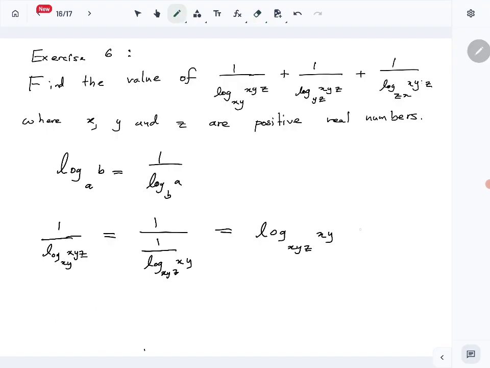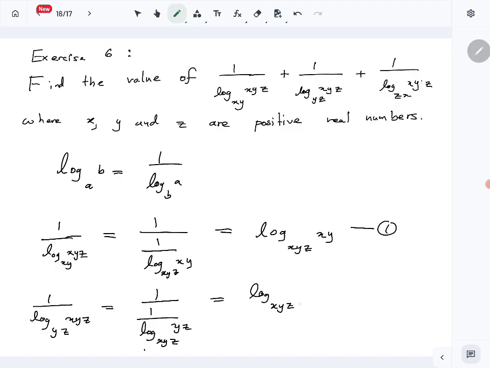Let me write the other terms also quickly. So this is 1. Then the second term is what? 1 over log yz of xyz. Use the change of base formula. So then you get this. So then what? Log xyz base inside yz.